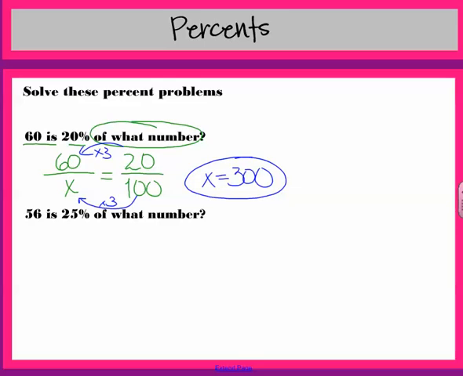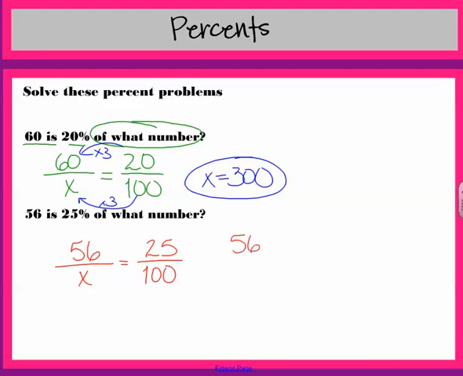In our next example, 56 is 25% of what number? 56 is the part. We're looking for the whole. And we know that that is 25%. Okay, I don't see a whole number factor to get me from 25 to 56, so it's helpful to simplify.